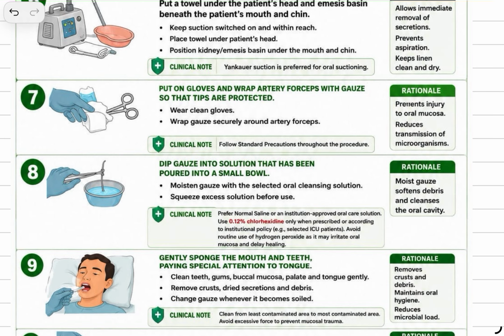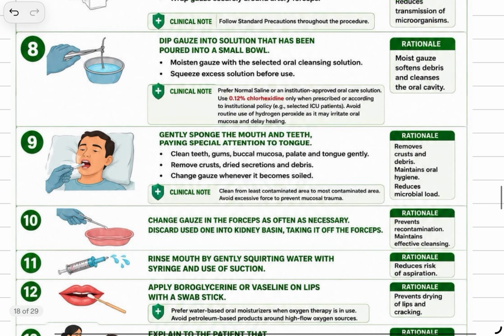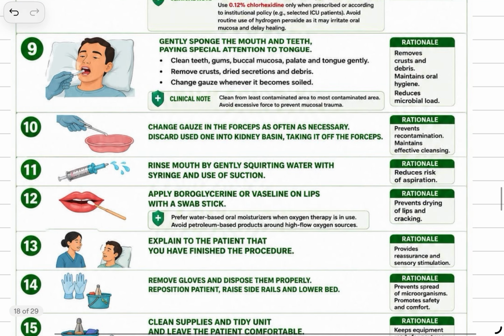Next, we need to gently clean everywhere, that is gums, teeth, and also the inner cheeks, right?